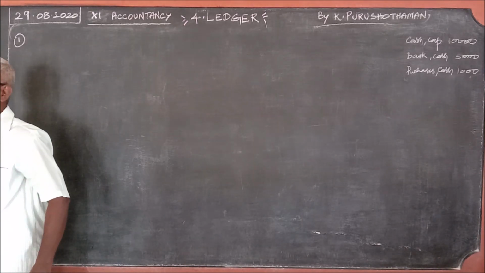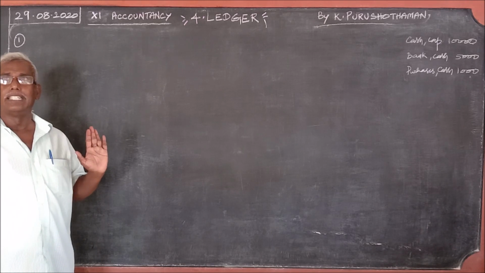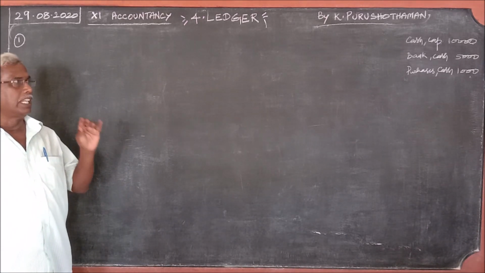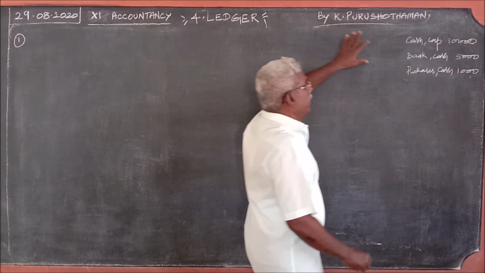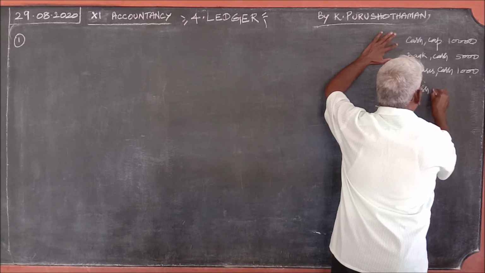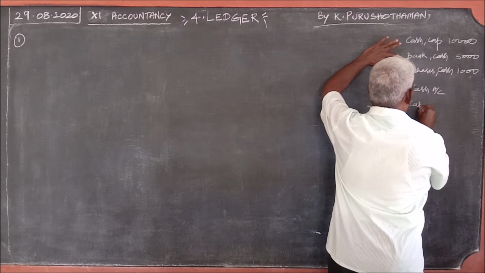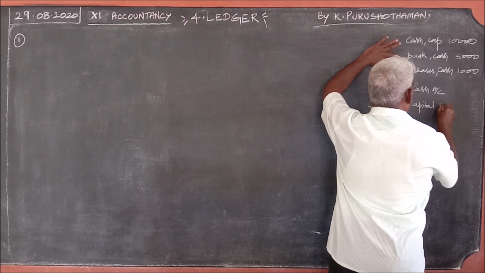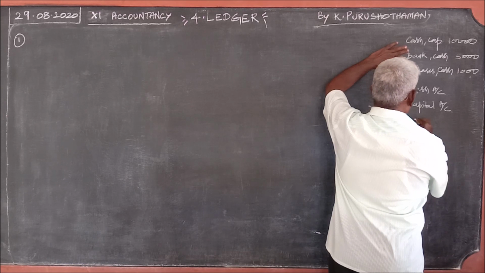Now for these journal entries, we must find out the number of accounts available in it. What are the accounts available here? Cash account. Then next one, capital account. Third one, bank account.